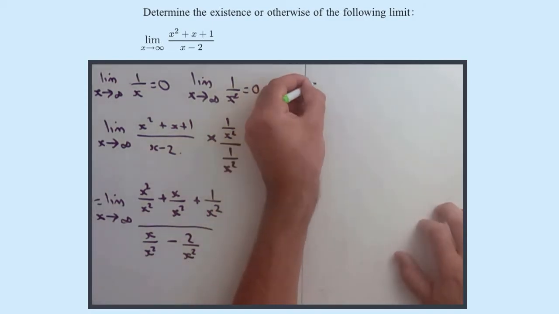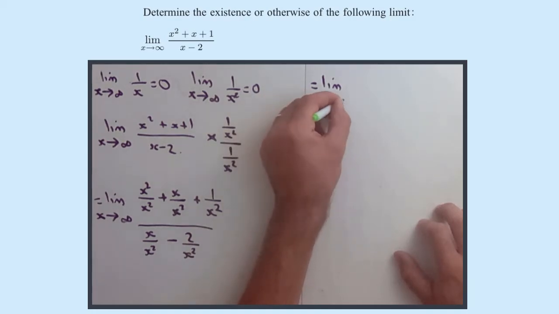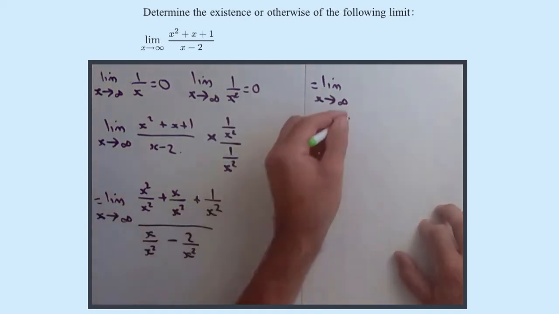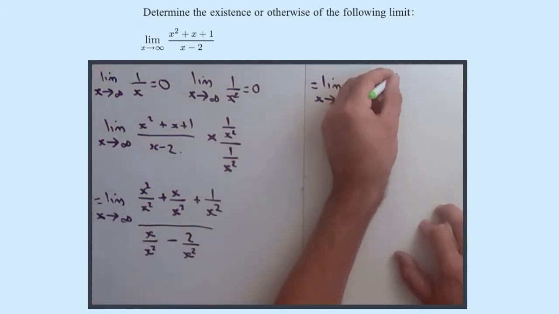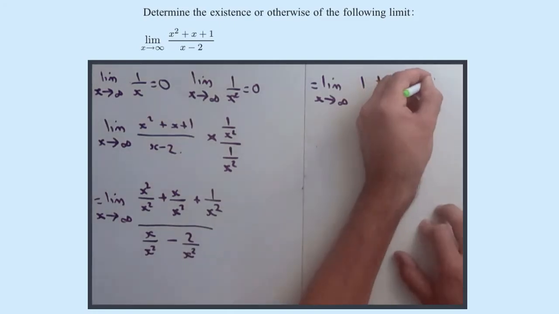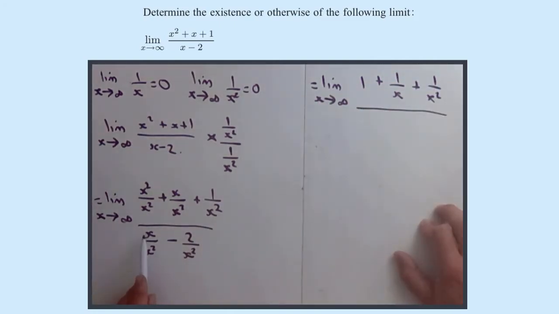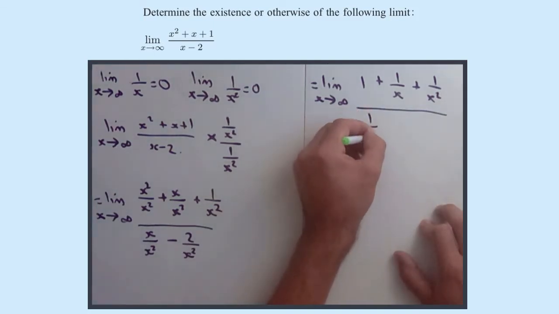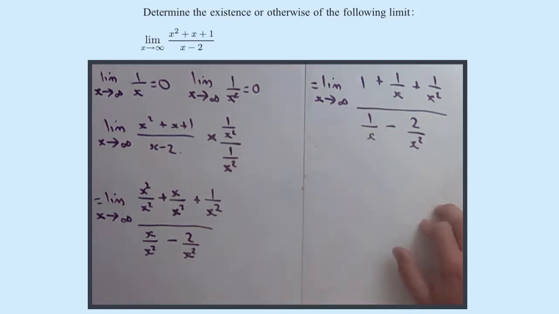So that equals the limit as x approaches infinity of, so this is 1 plus 1 over x plus 1 over x squared, over 1 over x again, minus 2 over x squared. So now we can make use of what we know.